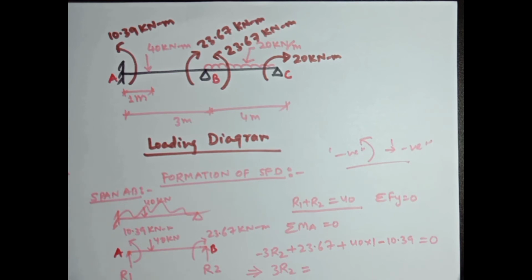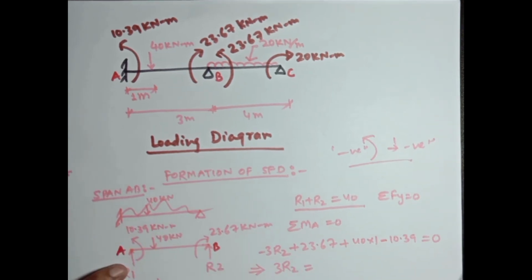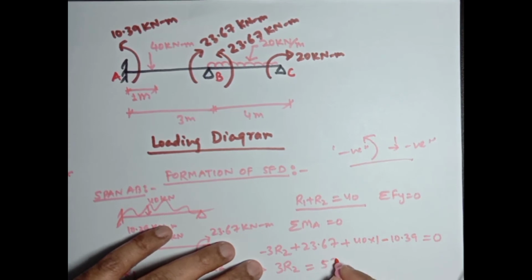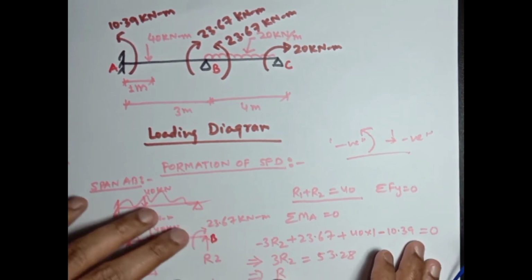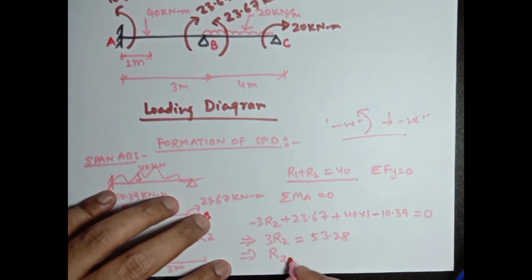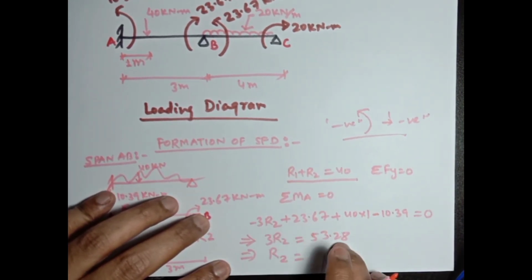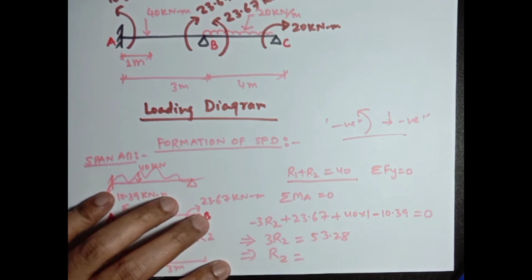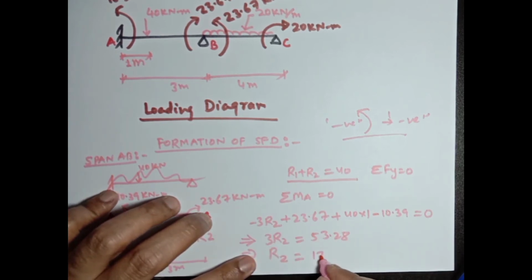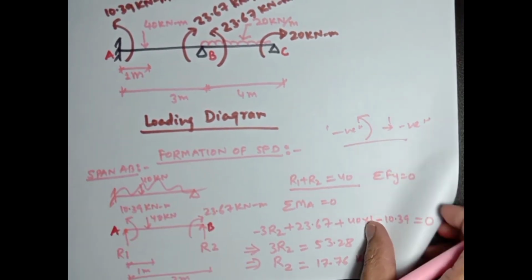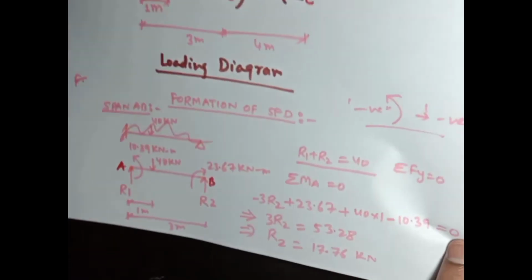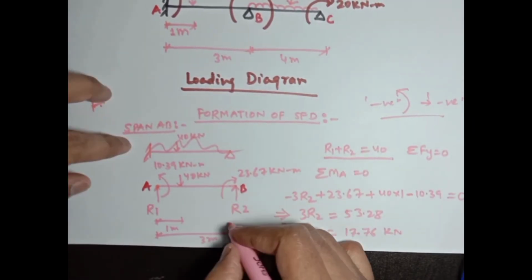Now it will be 53.28, and R2 will be 53.28 divided by 3, which is 17.76 kilonewton. Here I am done with the calculation for reaction R2.